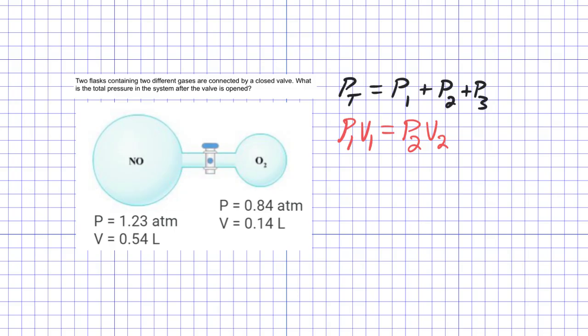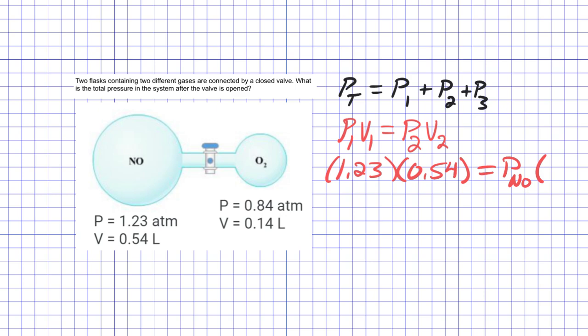So starting with NO, our starting pressure is 1.23. Our starting volume is 0.54. The final pressure, which I'm going to call the pressure of NO, is what we're trying to find.